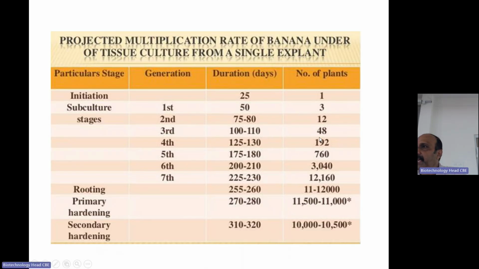Now the multiplication rate using tissue culture: starting from one plant, with the first subculture at around 50 days you get around 3 to 4 plants, and with subsequent subcultures it can reach up to 11 to 12,000 plants from just one plant in less than 1 year.